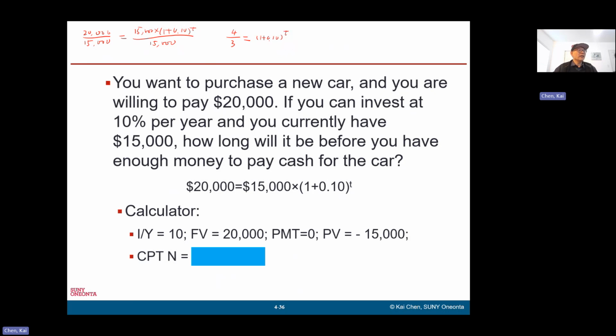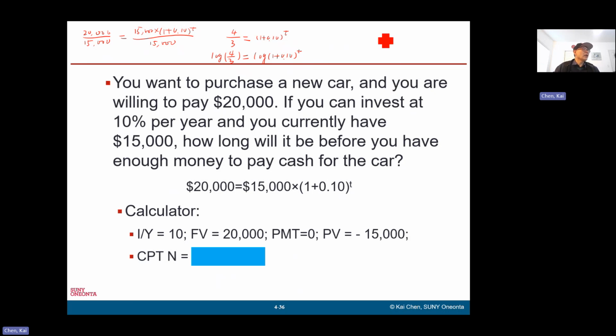Now after we get this, I'm going to take a log on both sides. On the left hand side, we have log 4 over 3. And on the right hand side, we have log of 1 plus 0.10 raised to the power of t.